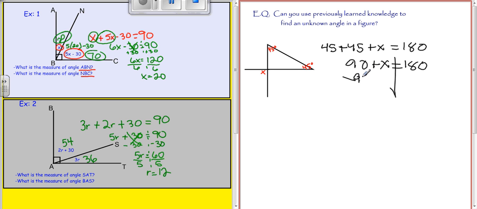Minus 90 for both sides. That's just a basic one step. And x equals 90. But that's just this angle. But if you watch the first video, we know that these two are vertical angles. So therefore, this angle also is 90 because they're across from each other and they're the same angle measure.